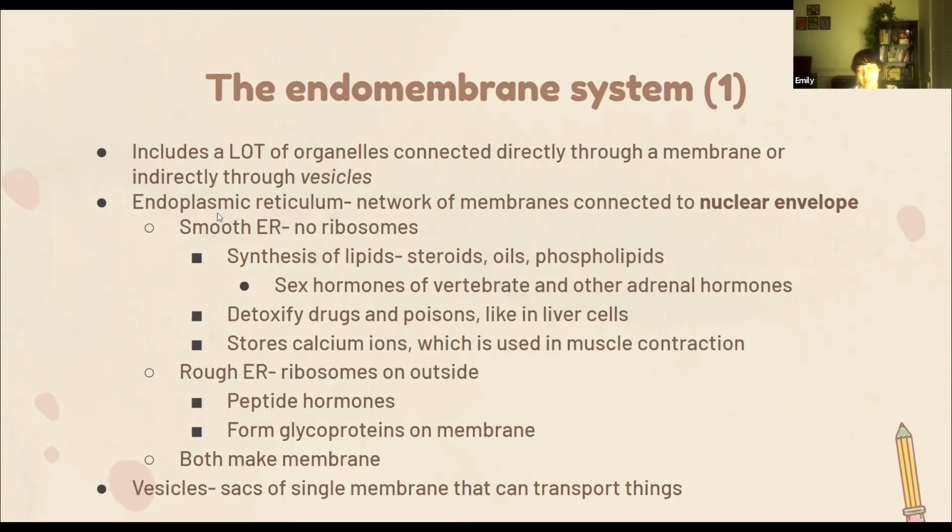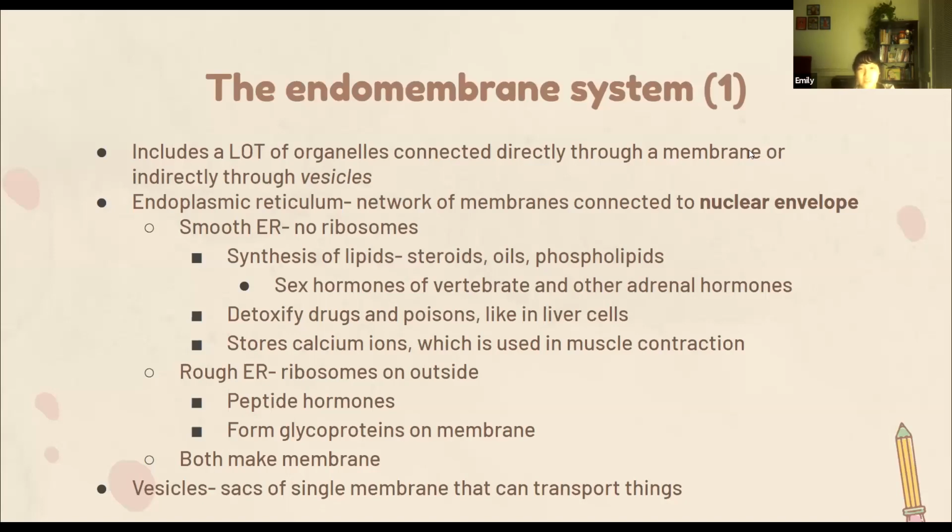This includes a lot of organelles, and they're all classified into the system because they're all either connected directly through a membrane or indirectly through vesicles. Vesicles are basically sacs made out of membrane. I don't want to make this analogy, but if someone took skin and made a handbag out of it that can carry stuff from place to place, that would be a vesicle.